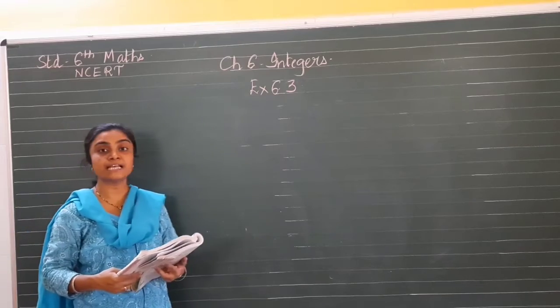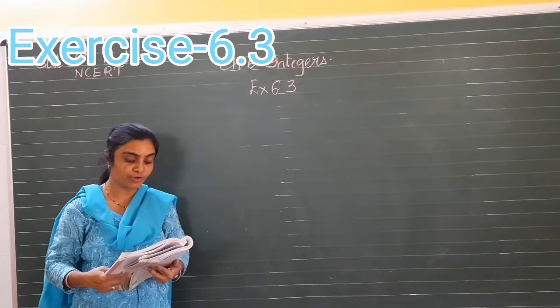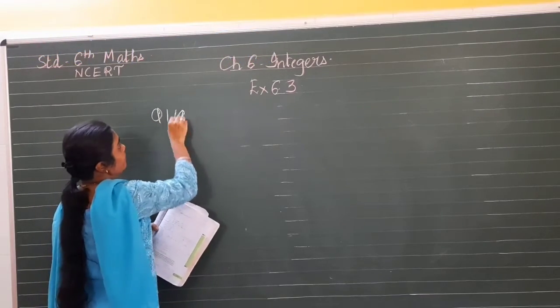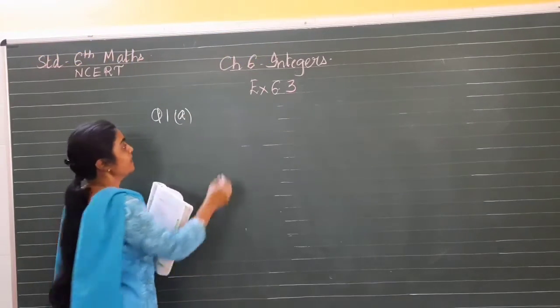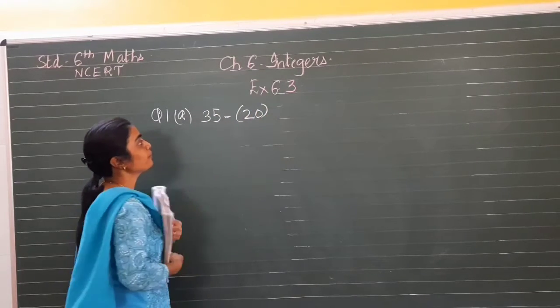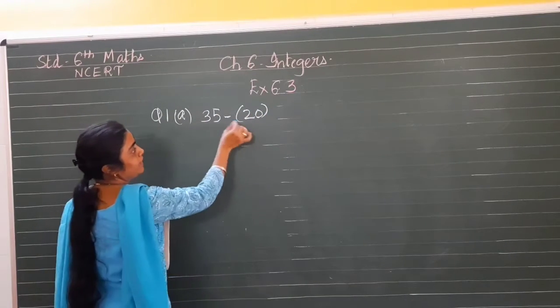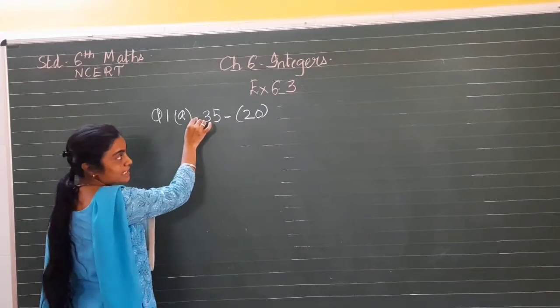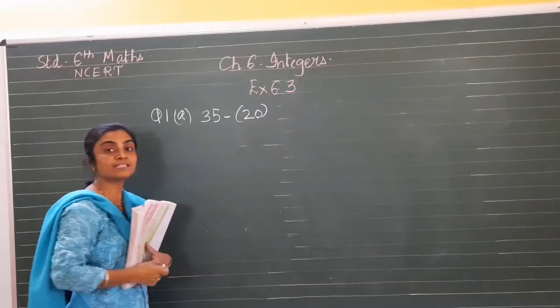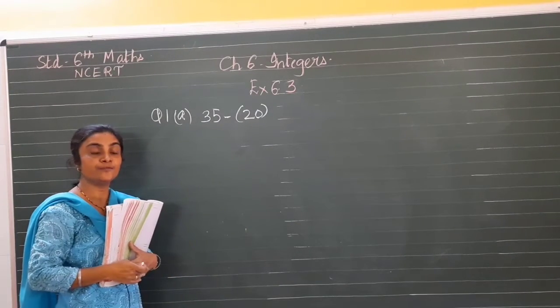Now we will start with exercise 6.3, question number 1. Find 35 minus 20. Now you have to subtract 20 from 35. This is a positive integer and this is also a positive integer. Now for subtraction we take the additive inverse.